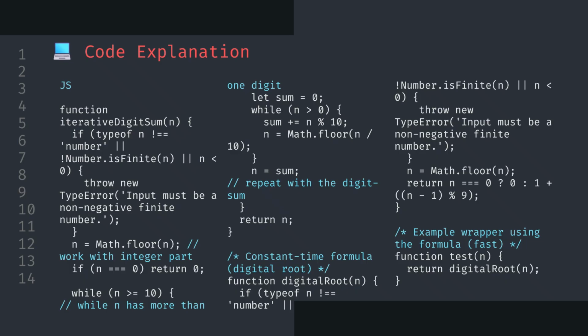For positive integers, the repeated sum equals 1 plus (n minus 1) modulo 9, and we use a special case where n is strictly equal to 0. This runs in Big O(1) time, which is excellent for very large inputs. The test wrapper calls the formula by default for speed, but you can swap in iterative digit sum when you want to demonstrate the process.